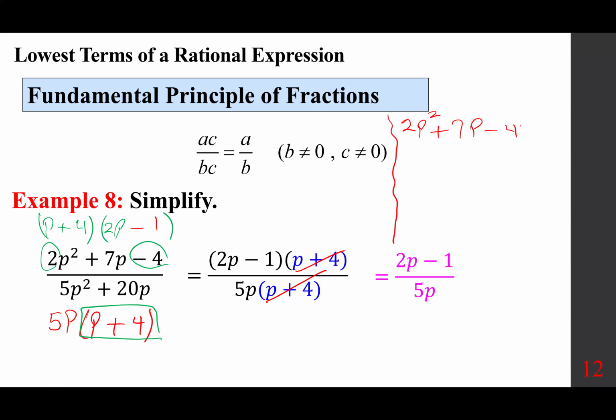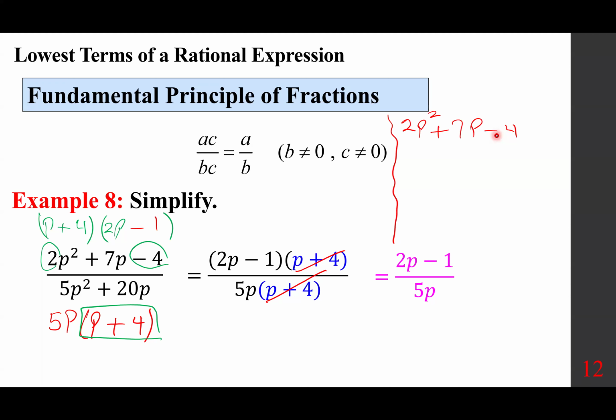What if we wanted to factor it from scratch? Again, the trial and error is very simple because 2 is a prime number. It makes it really easy. And 4 has only 2 factors. You can go with 2 and 2 or 1 and 4, and of course, one of them negative. So the trial and error with a few pieces, you can get to the answer.